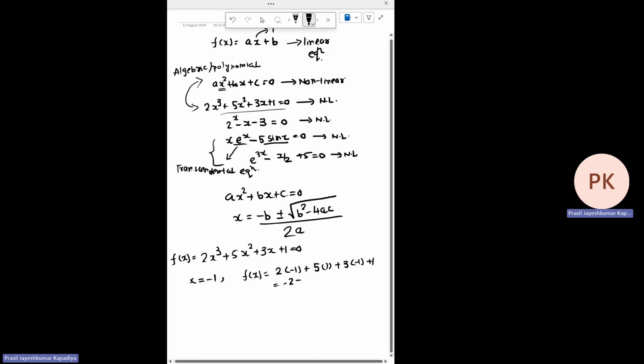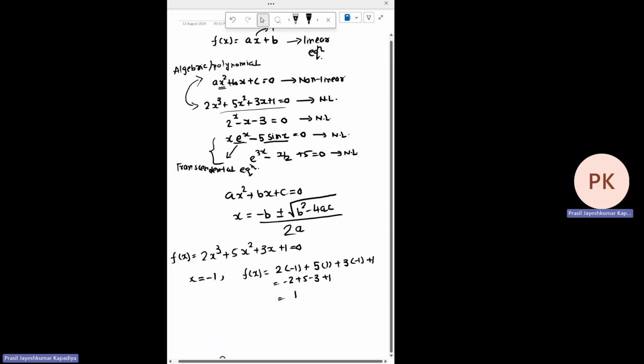So I get minus 2 plus 5 minus 3 plus 1. I get 1. So x is equal to minus 1 is not a solution. So how to solve it?